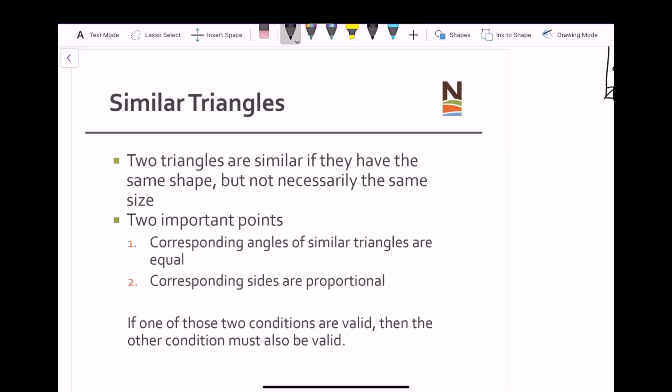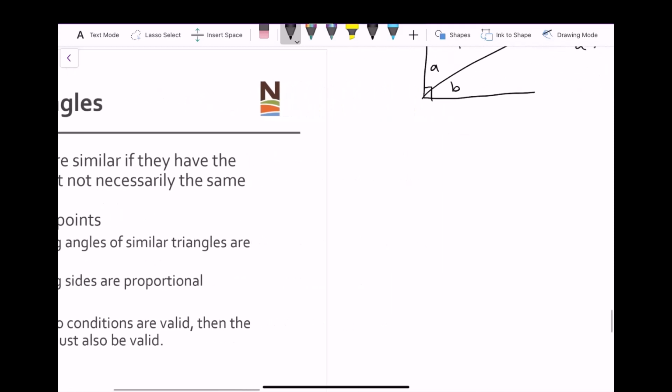One of the last sections here: similar triangles. Two triangles are similar if they have the same shape, but not necessarily the same size. This is true if one of the two following conditions is valid. The first, the corresponding angles of similar triangles are equal, or the corresponding sides are proportional.